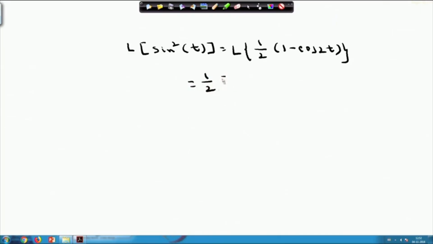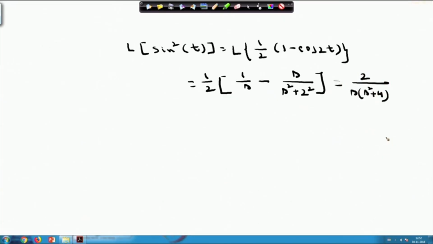So, half into (1 by s, Laplace transform of 1 is 1 by s, minus s by (s square plus 2 square), s square plus 4), and this equals 2 by s into (s square plus 4). We are getting this, and this is again your f s.